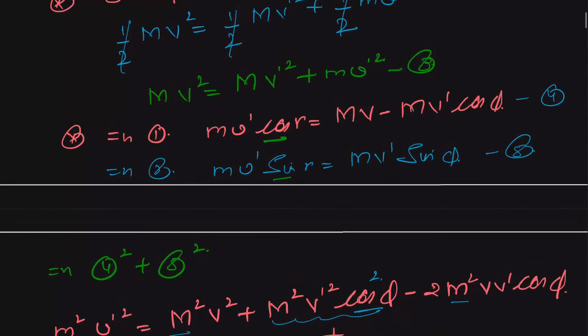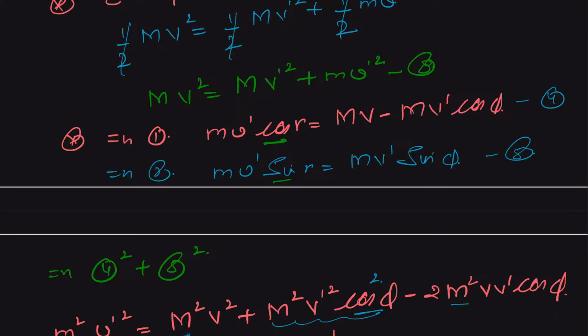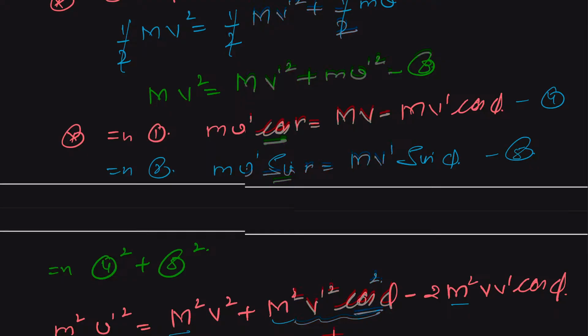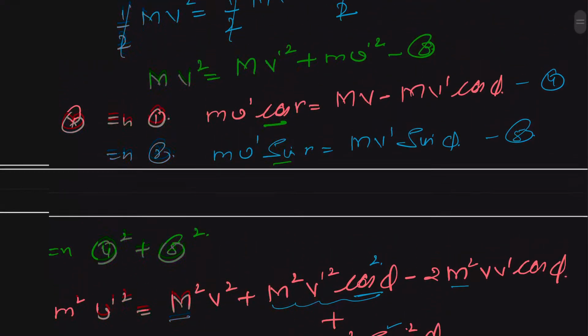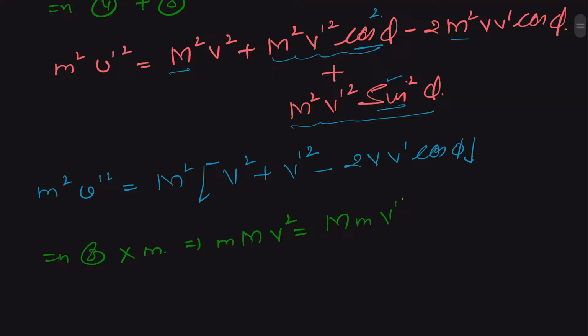Now we are going to use our energy equation, that is equation number 3, and multiply that equation by small m, and then sort it out. So equation 3 multiplied by small m. From there we are going to get capital M m v square is equal to small m m v prime square plus m square v prime square.